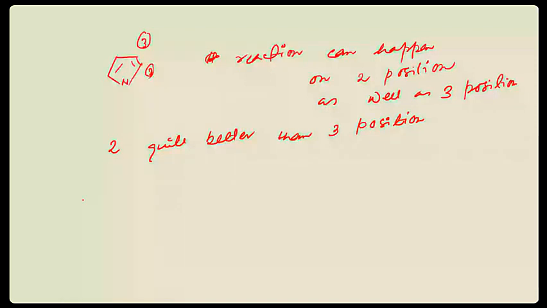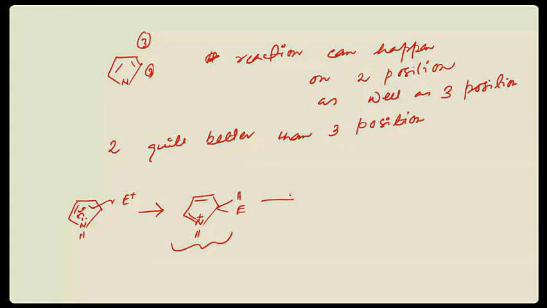Now we do the reaction at the 2 position. NH, this, and this is the electrophile. Then what is the intermediate? NH plus, this one, H and E. Look at the intermediate for the 2 position. After that, minus H plus, it will form this. If the reaction happens at the 3 position, then what is going to be?